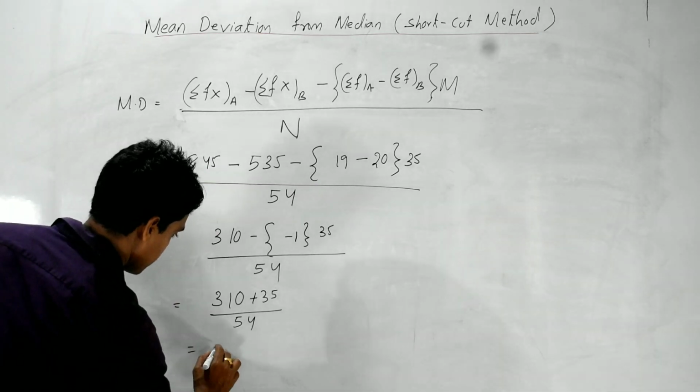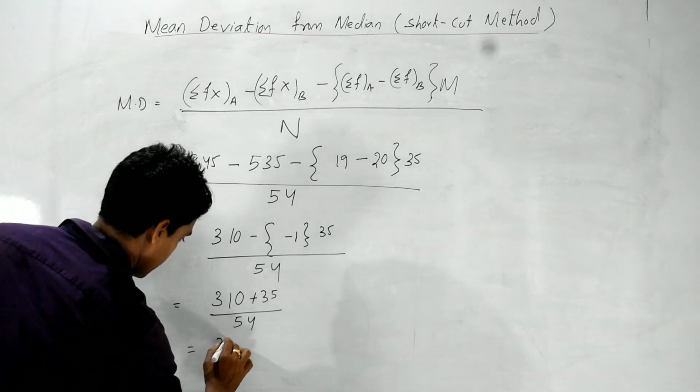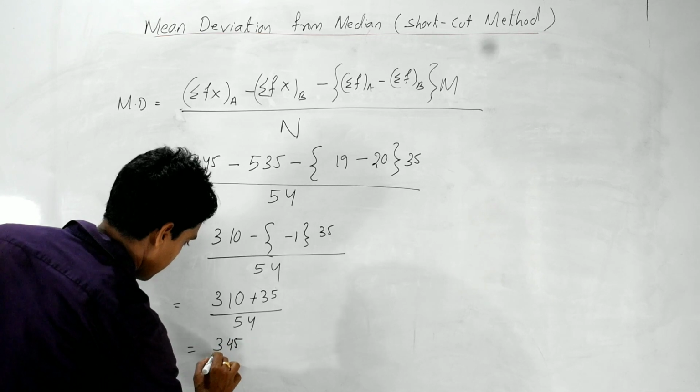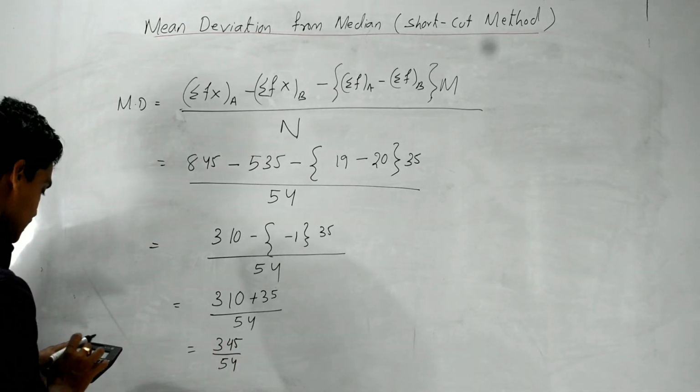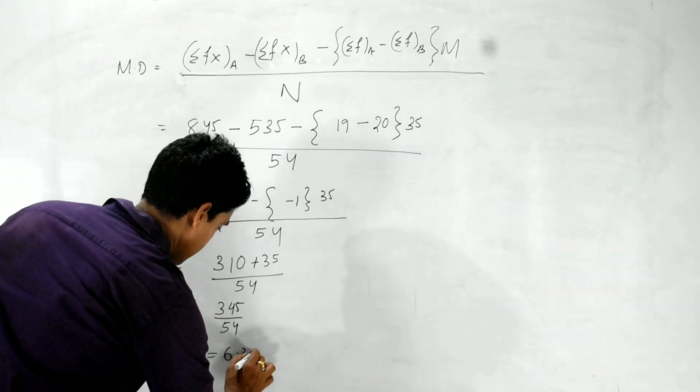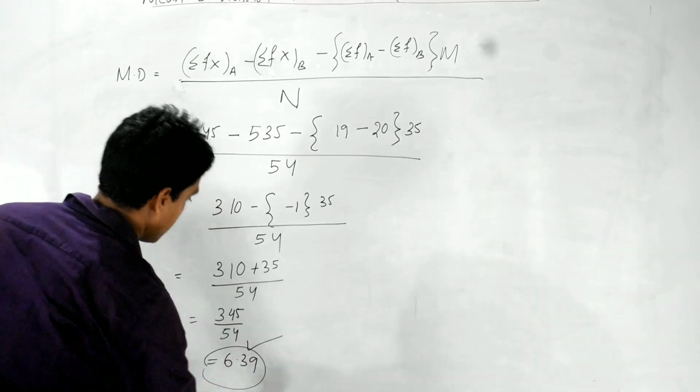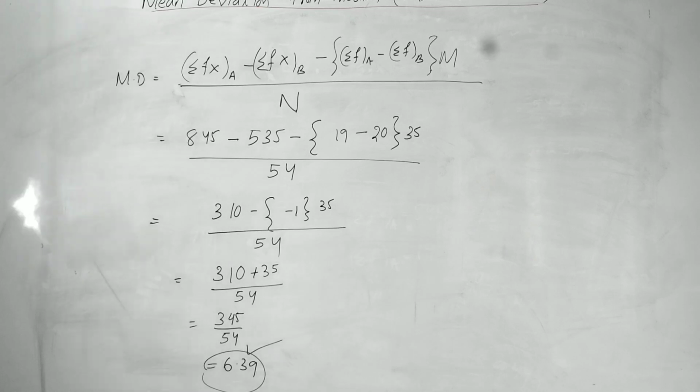So mean deviation should be 345 divided by 54, that is 6.39. So our mean deviation is 6.39.